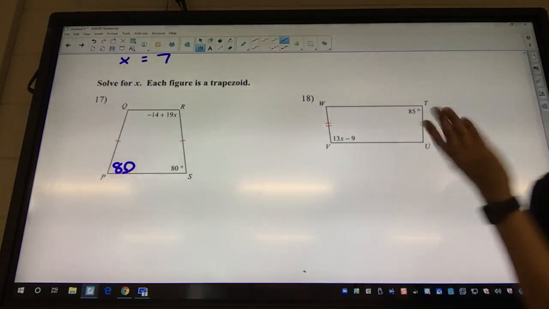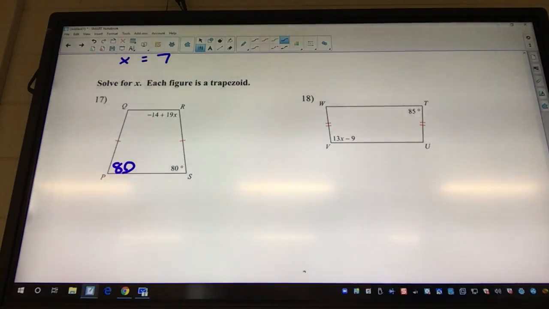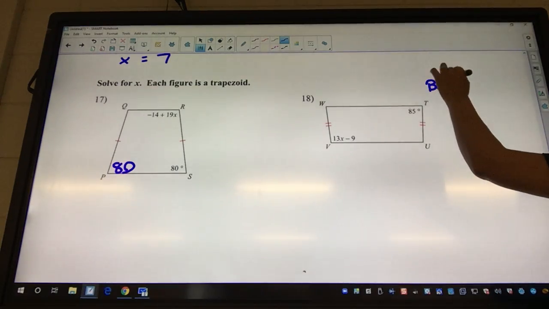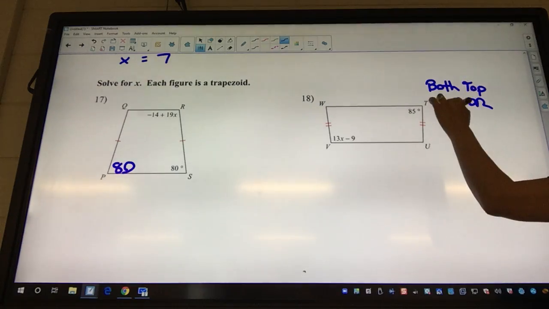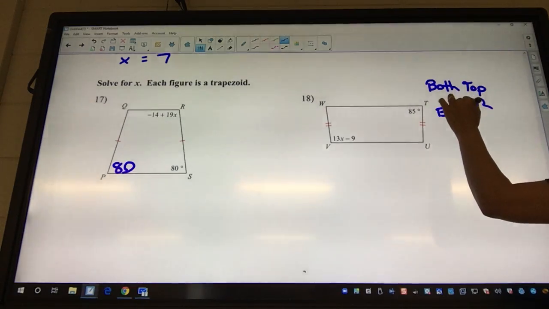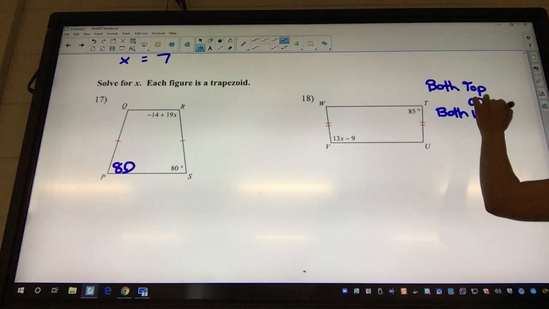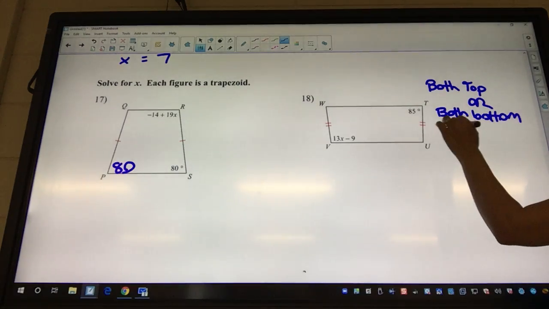If those two are 80, then what does the top and bottom have to be? So these ones, we say if they're both on top, you gotta be 80. So both top or both bottom, then they're equal.